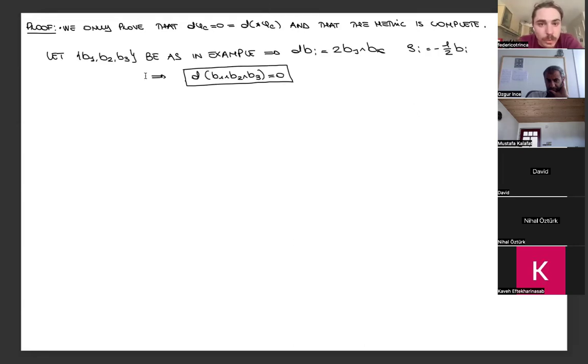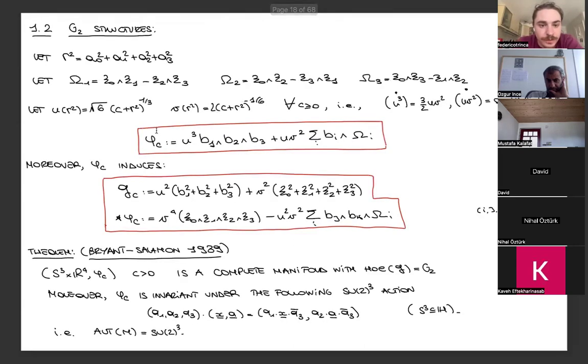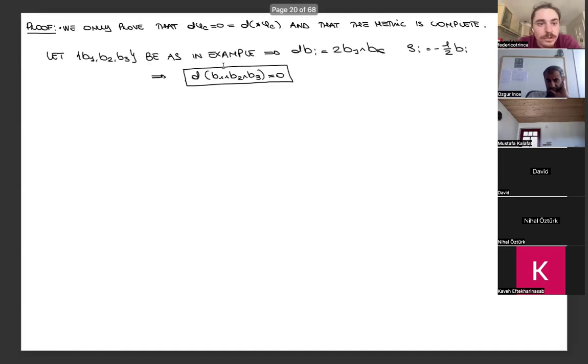So we want to compute the derivative of this G2 structure. We first deal with this term and this term: b1 wedge b2 wedge b3 plus sum over i of bi wedge omega i. If we take b1, b2, and b3 as in the example, to be the left invariant one forms, then the exterior derivative of bi is equal to 2 times bj wedge bk.